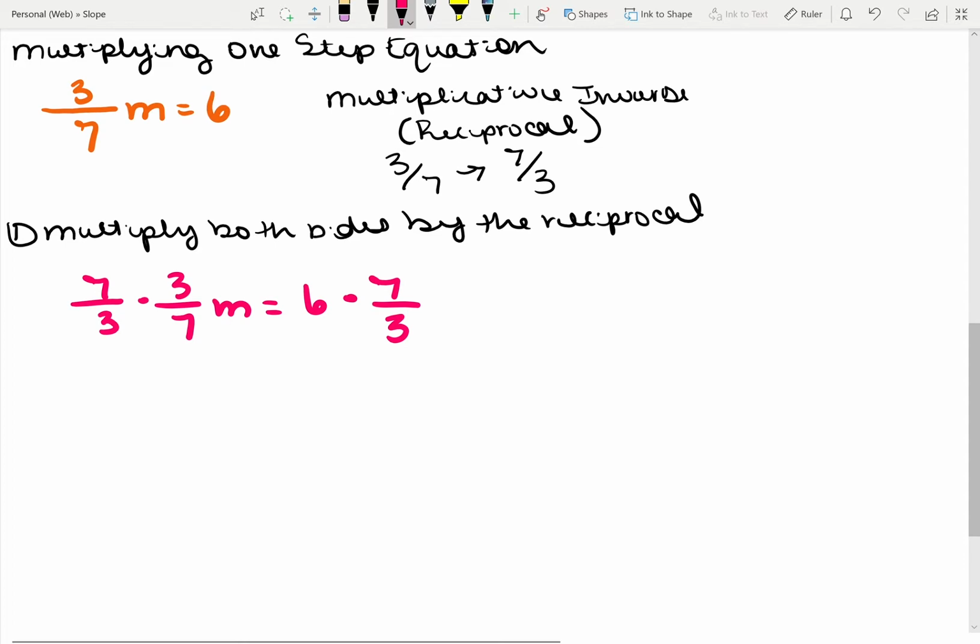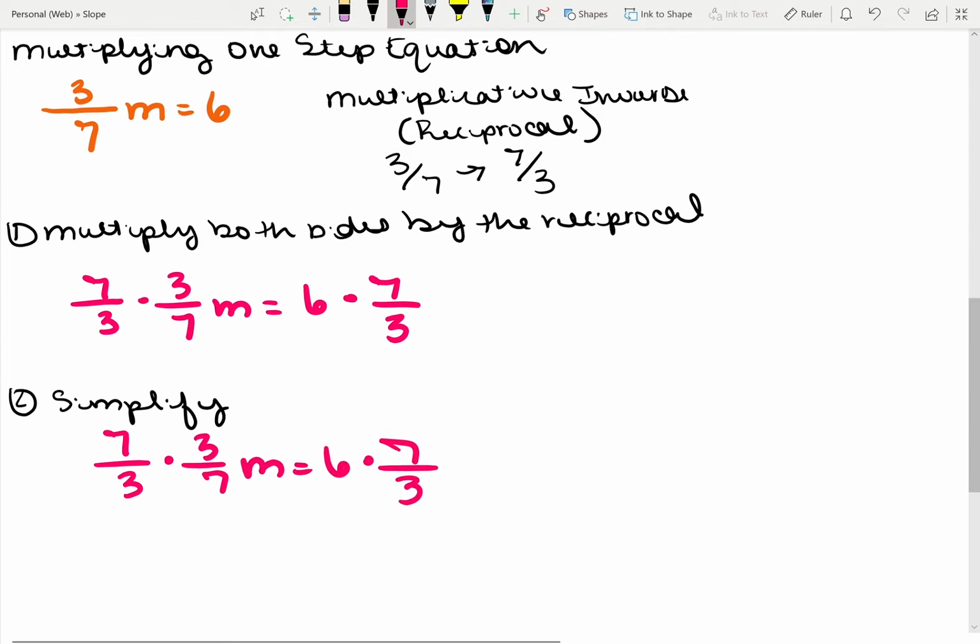Okay, step 2, simplify. We notice that 7 times 3 and 3 times 7 gives us 21 over 21 m is equal to 6 times 7 over 3.